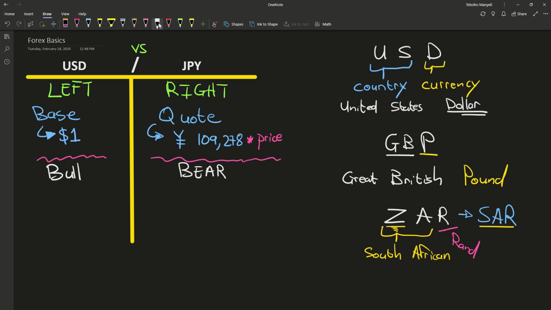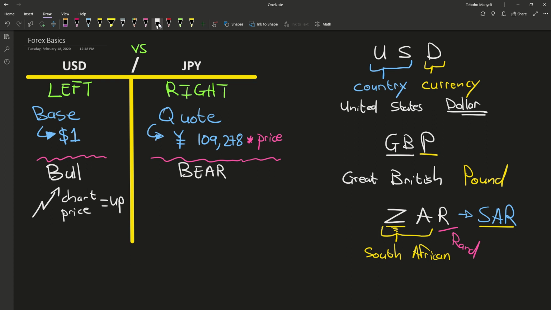Now, to remember this and why they were named like this, I love to look at how they attack. When a bull attacks an individual, it goes in with the horns, grabs them by the underwear, and throws them in the sky. So bulls represent an upward moving trend. Your chart as a bull must go up, which simply means the price must go up for a bull to make money.